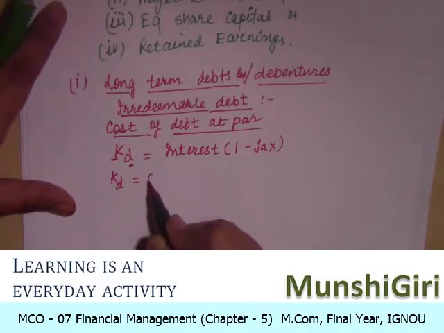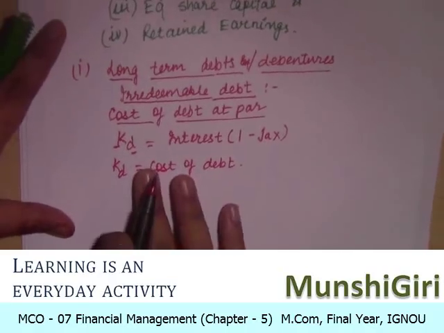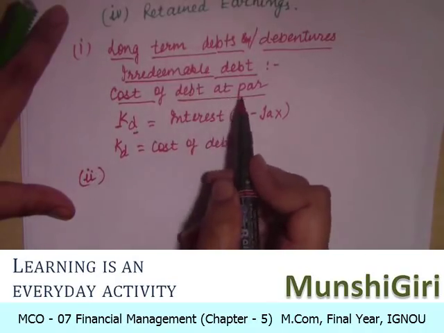KD is cost of debt. This was cost of debt at par.